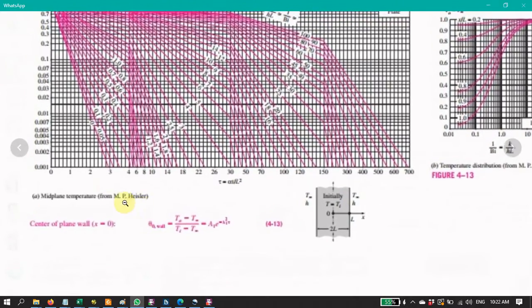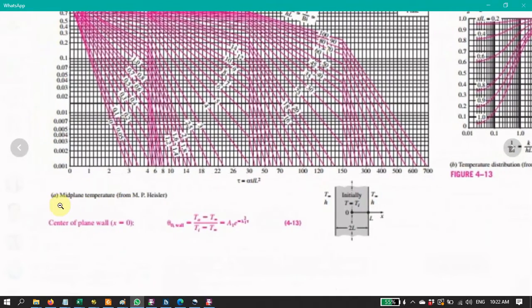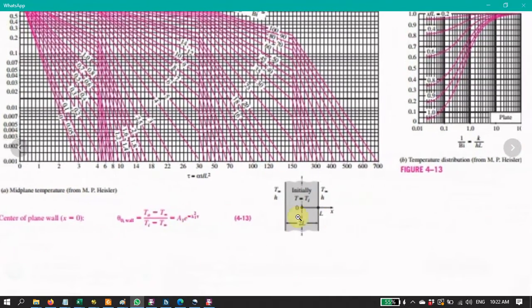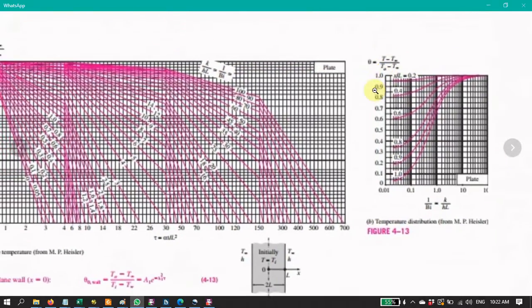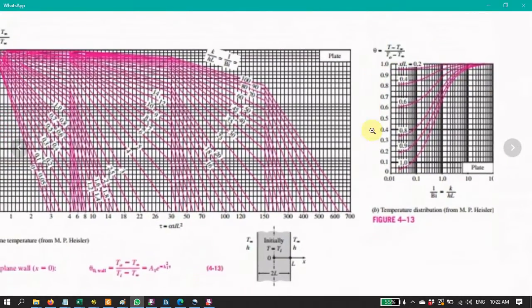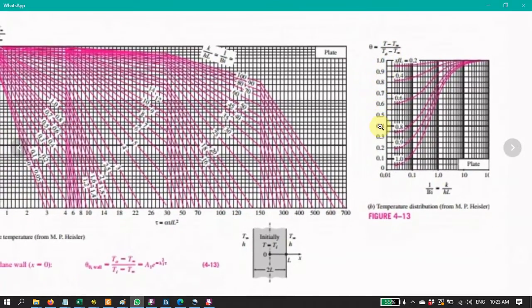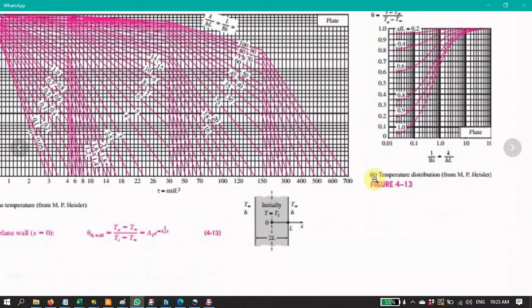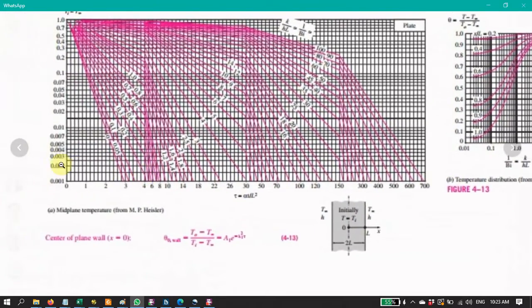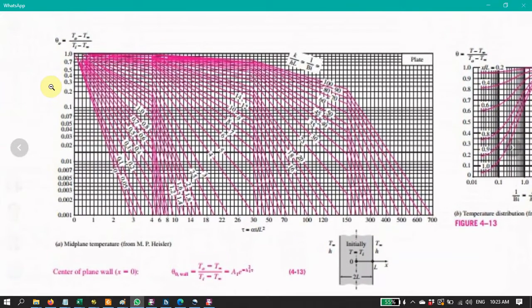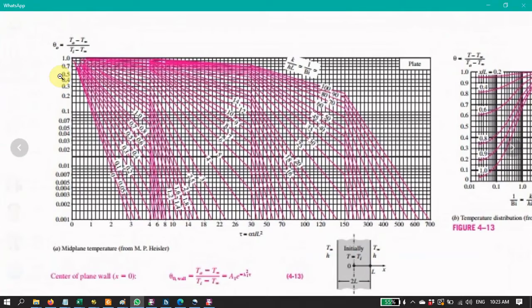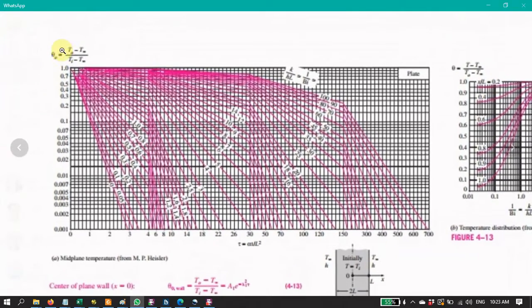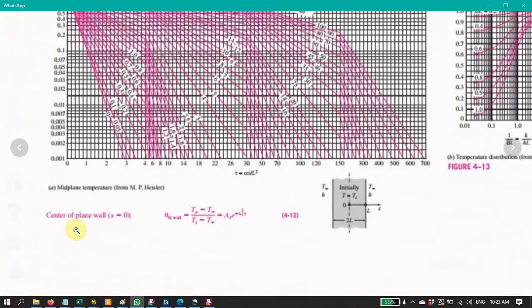So in order to solve for any location inside the heat transfer system, you have to complement the mid-plane temperature with figure 4.13b. In the first figure, 4.13a, the mid-plane temperature tells you the dimensionless temperature at the center of the plane wall.